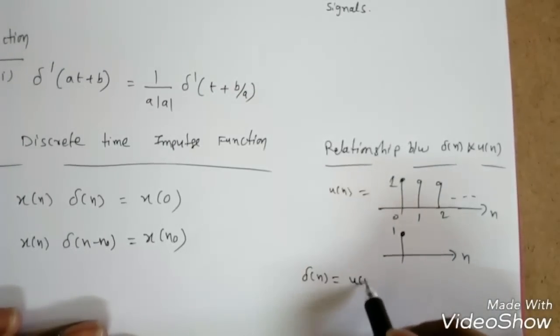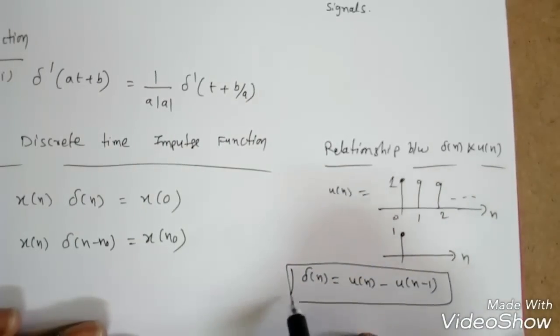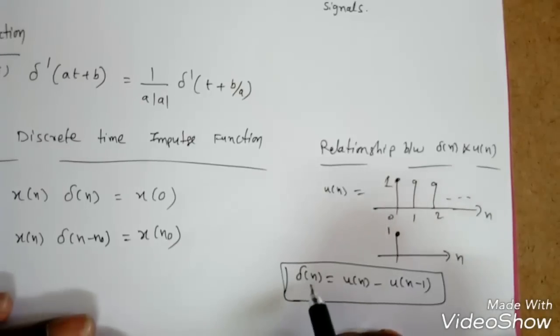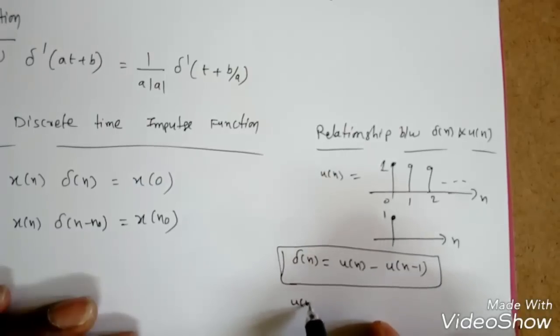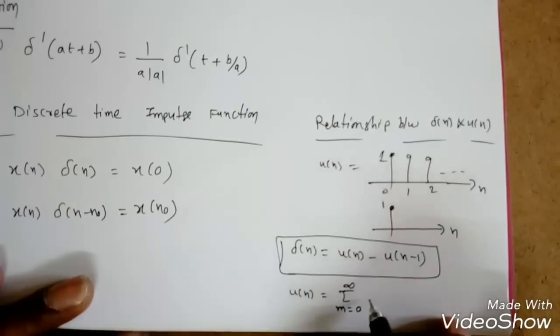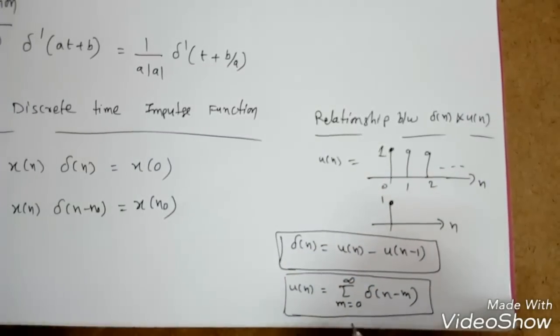Delta n is equal to u of n minus u of n minus 1. This is the relation between unit step and impulse function. Similarly, if I want u of n, then you can summate m is equal to 0 to infinity delta n minus m. Now this is the unit step and delta function relationship.